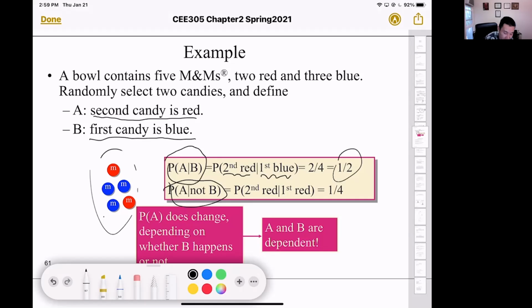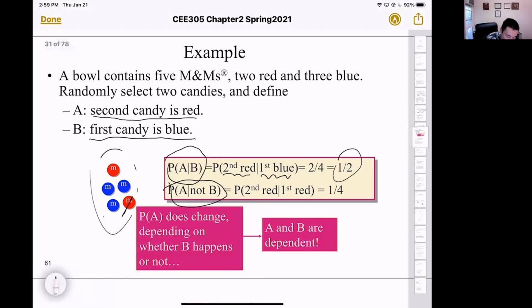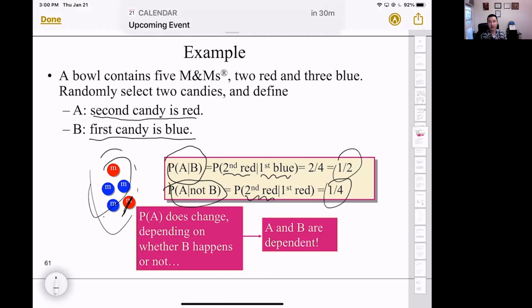If the first candy is red, then we have one red and three blue remaining. So the chance for the second candy to be red will be 1 over 4, so it becomes 25%. So whether B occurs or not, P(A) does change. Then we say A and B are dependent.